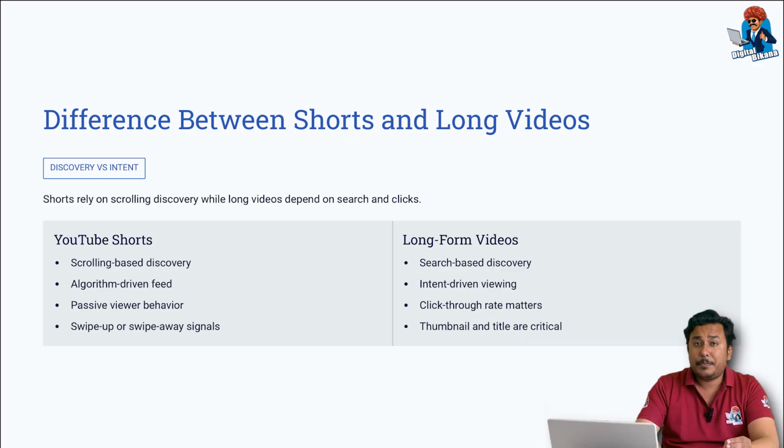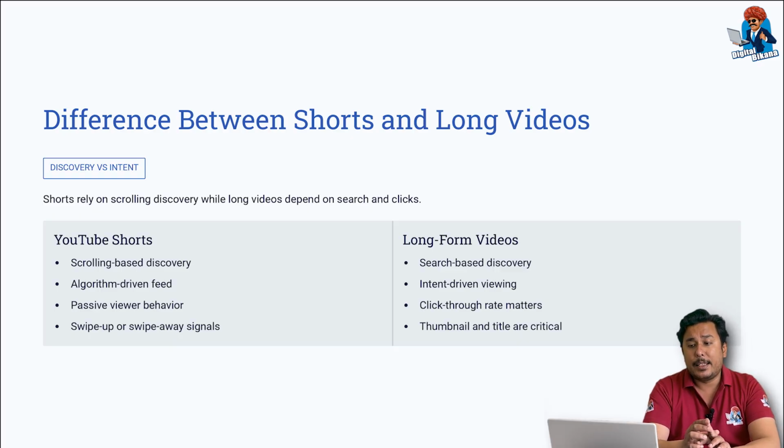If somebody likes to watch comedy or entertainment content, then automatically YouTube will push entertaining shorts in front of that user, right? So the feed would be automatically driven by the algorithm and the passive viewer behavior.